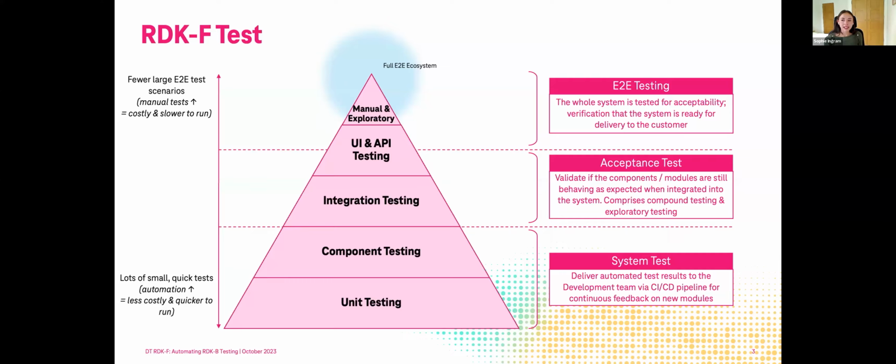Now, this is where we really see that the whole system is tested for acceptability. So verification that the system is ready to be delivered to the customer. And as you might expect, when we get to this point, there are fewer scenarios, but they are a lot larger. And therefore, although sometimes they can be automated, for the majority, they do tend to be more manual, and therefore they can be more costly and also slower to run.